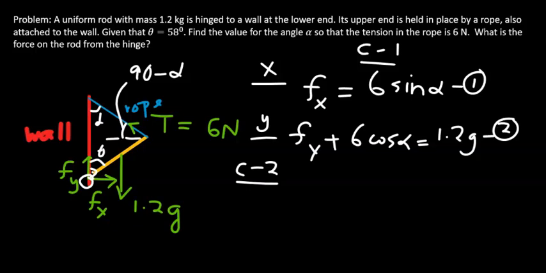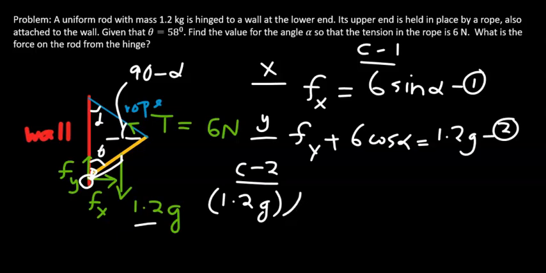So the first contribution to the torque about that point is from the weight. So torque is computed as the force that's contributing to the torque, so in this case it's the weight, times the distance from the axis to where the force acts, so that means it's this distance right there, and that is just half of the rod length.